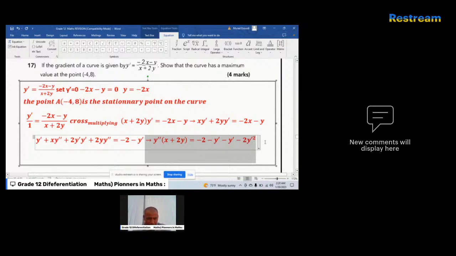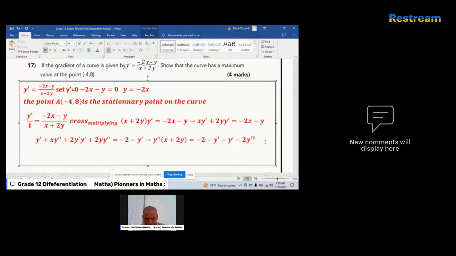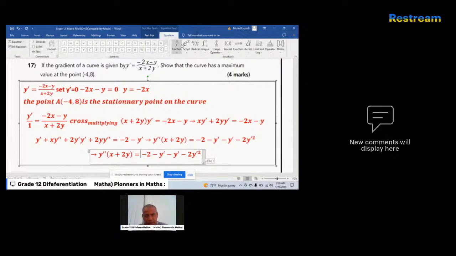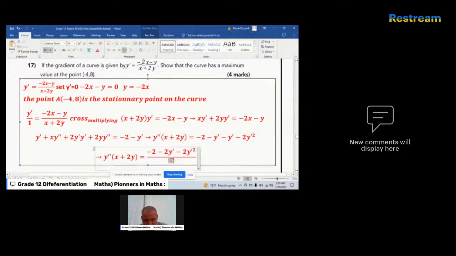Copy and go back. Therefore, y double dash is equal to minus 2 minus y dash minus 2y dash squared, divided by x plus 2y, because I will divide both sides by x plus 2y.